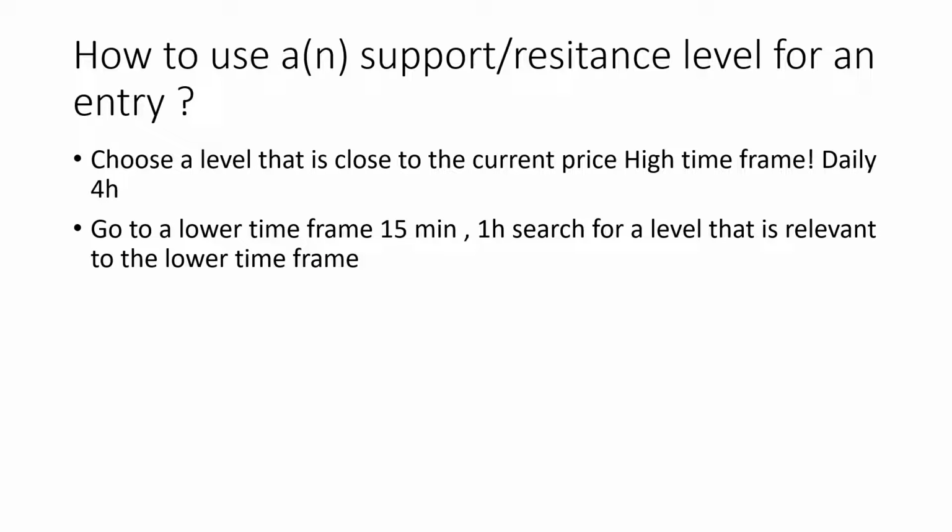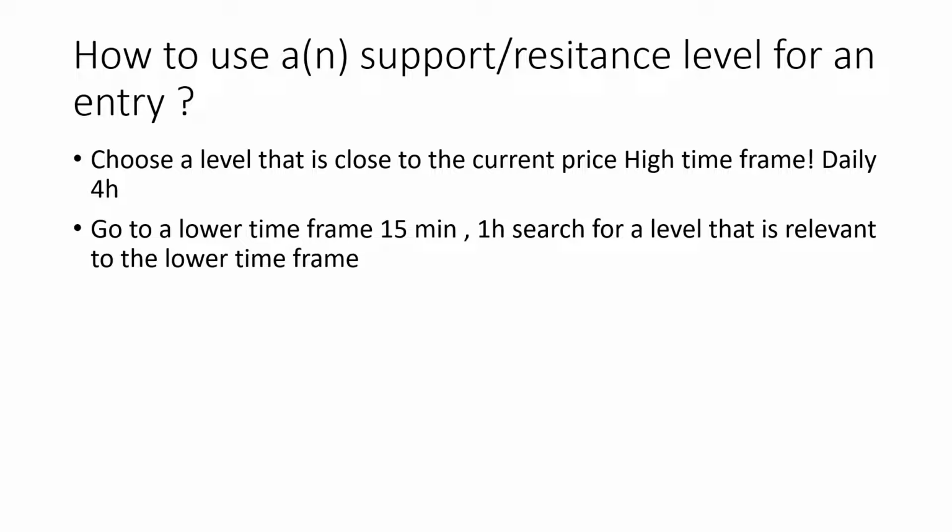So how to use a support or resistance level for an entry? You draw your support and resistance lines on the 4 hour of any chart. You can use it on stocks, crypto, anything, commodities.